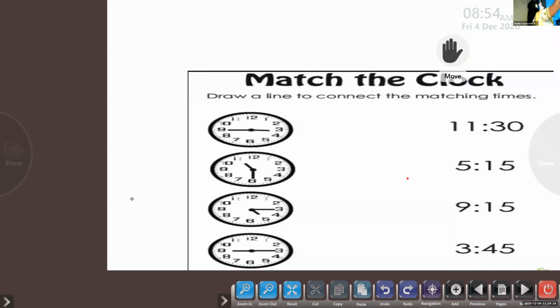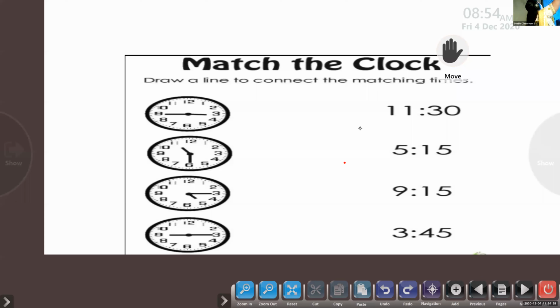Then how many minutes? The minute hand is on 9, so it is 45. So what is the time? 3:45.